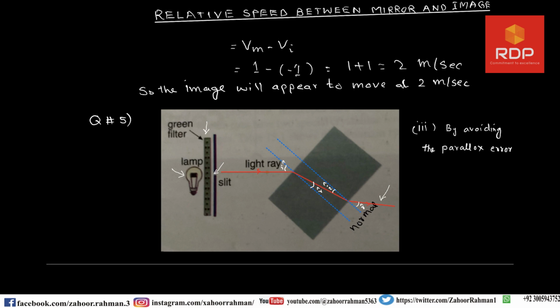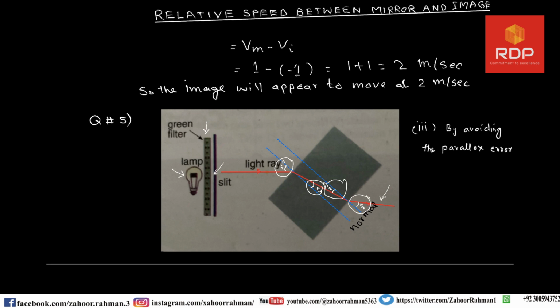So with a white pencil, I mark this angle and this angle for the incident light and this angle for the emerging light.